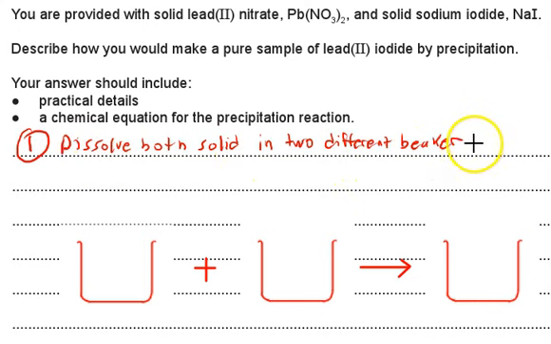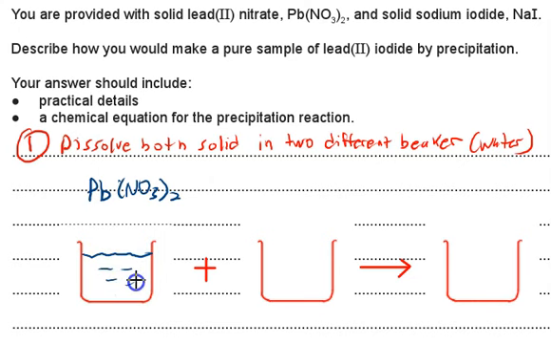Like containing water here. So what happens, you will be getting a solution of plumbum nitrate, and you will be getting a solution of sodium iodide.